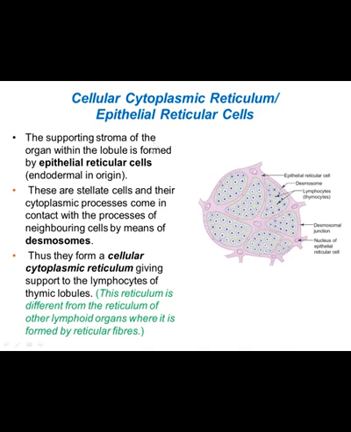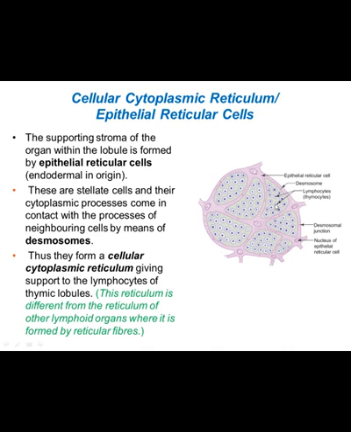The supporting stroma of the organ within the lobule is formed by epithelial reticulum. This is the supporting stroma, which is endodermal in origin. These cells are stellate cells, as we see, star shaped. Thus, they form a cellular cytoplasmic reticulum. This gives support to the lymphocytes of the thymic lobules.